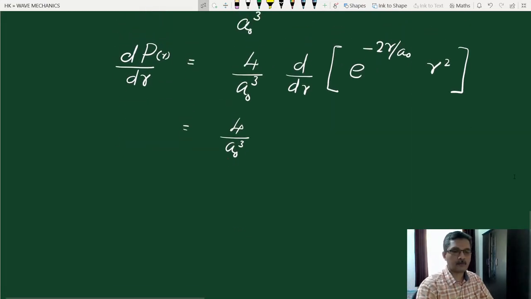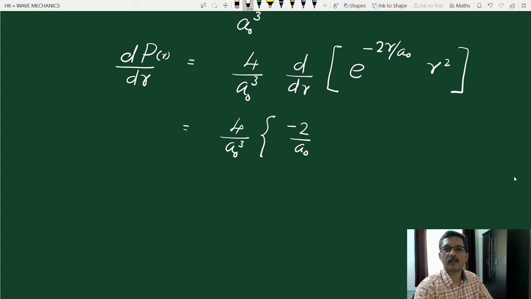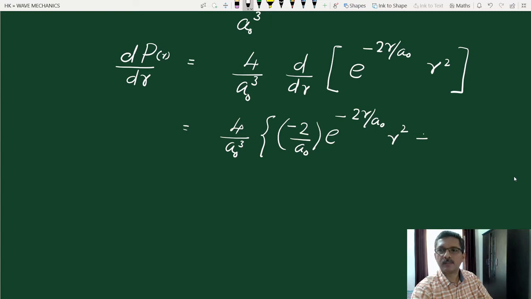So we apply the product rule. The derivative of the first function is minus 2 by a0 times e raised to minus 2r by a0, times r square, that is the first derivative of the first function into the second function, plus the first function into the derivative of the second function. So e raised to minus 2r by a0 times the derivative of r square, which is 2r.